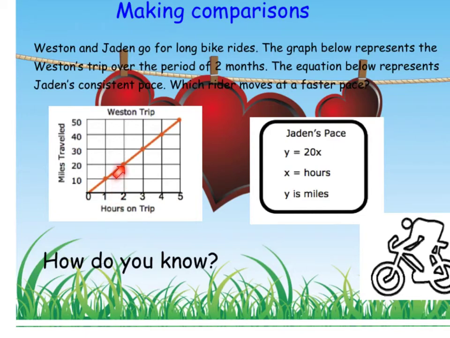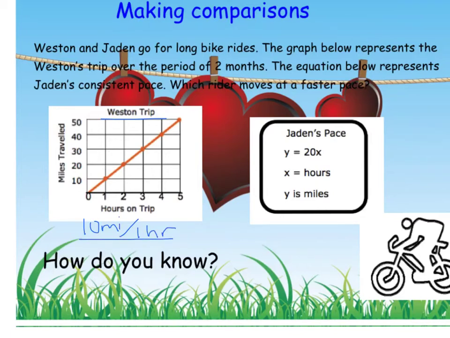At 2, he had gone 20. At 3 hours, he had gone 30. So for every 10 miles, it took him an hour. Again, the rate of change, how far do you have to go up and over? So Weston traveled at 10 miles per 1 hour.